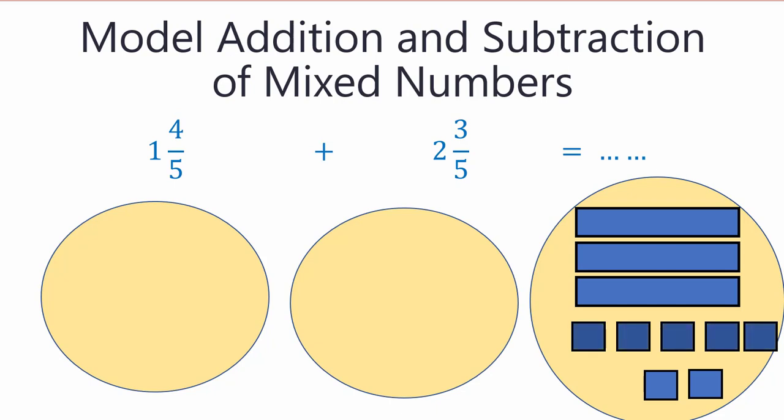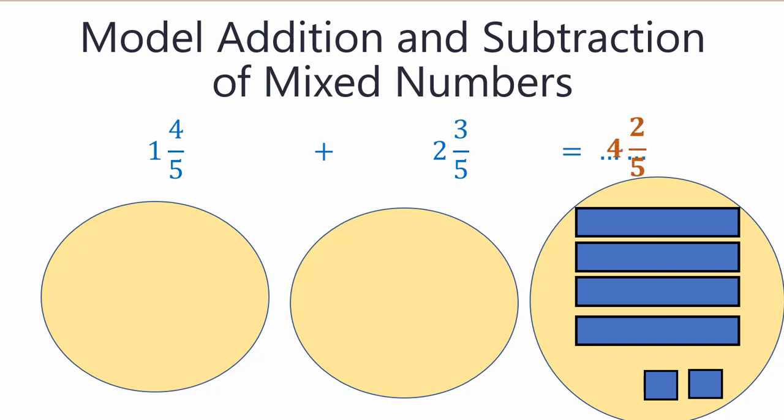They are 5/5, and this is a whole one. I can replace it with a whole one. So simply, my heroes, write the answer. 4 2/5. Pretty easy, but let's try the subtraction.